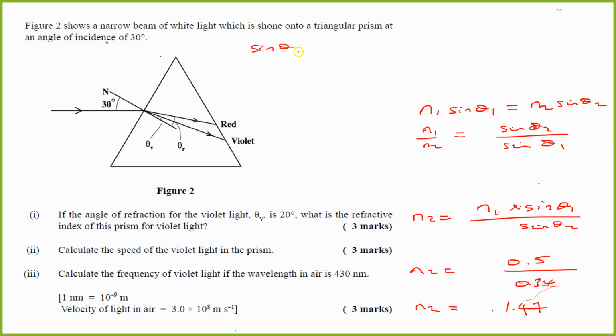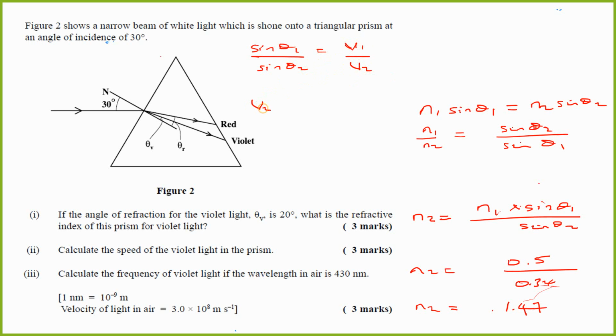All right, so this is the equation. Sine of the incident divided by sine of the refracted is equal to the speed in the incident divided by the speed in the refracted. So all we need to do is transpose to make V2 the subject.